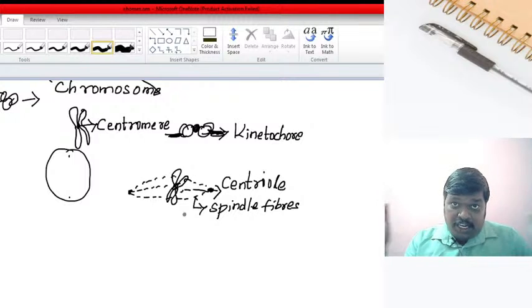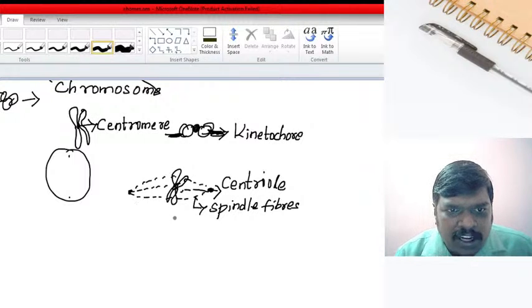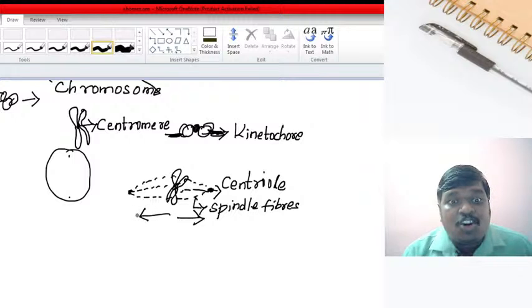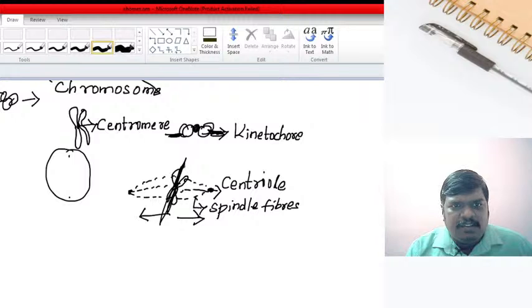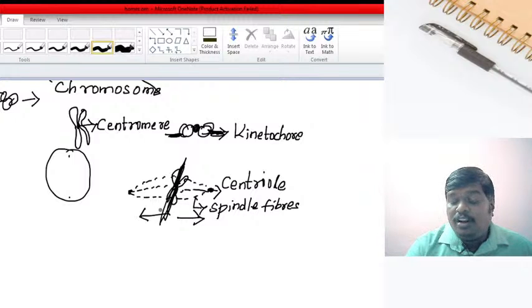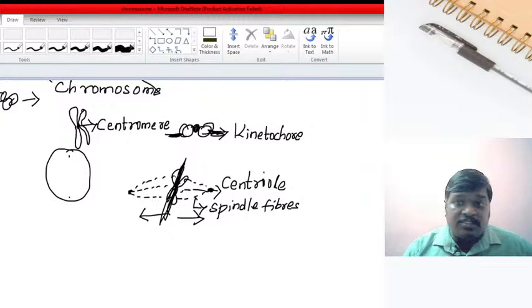During nuclear division, that is the karyokinesis process, the spindle fibers will move like this. They will contract. When they contract, the nucleus divides into two. This is called the karyokinesis process.